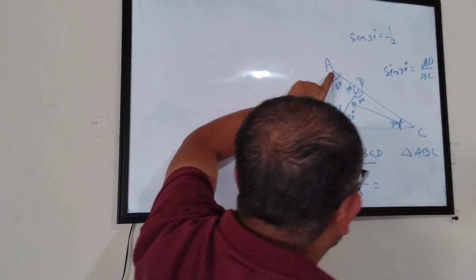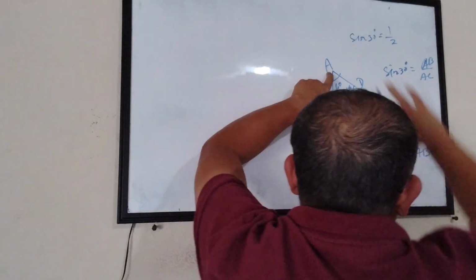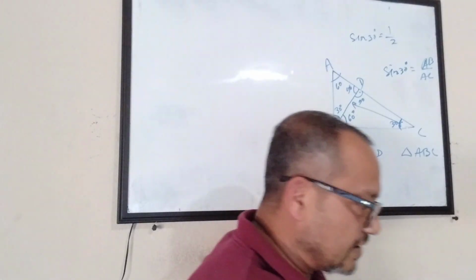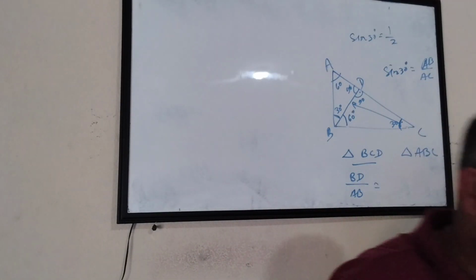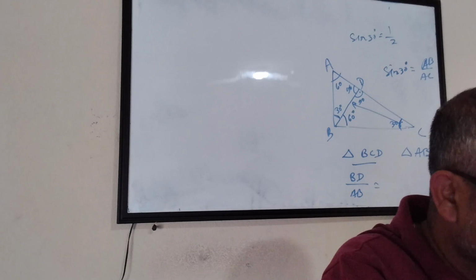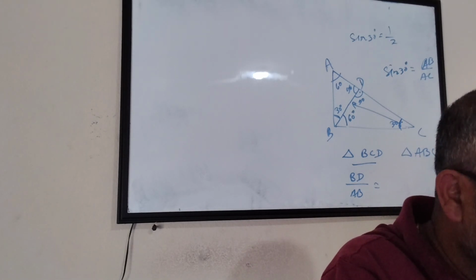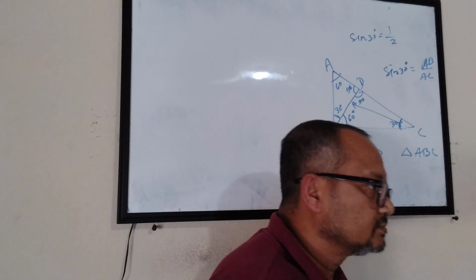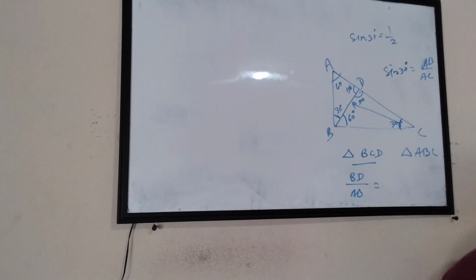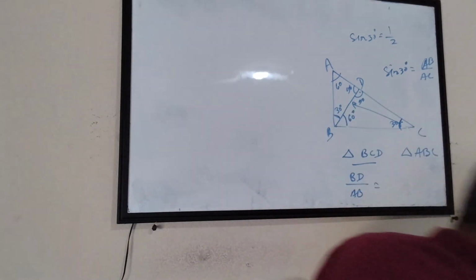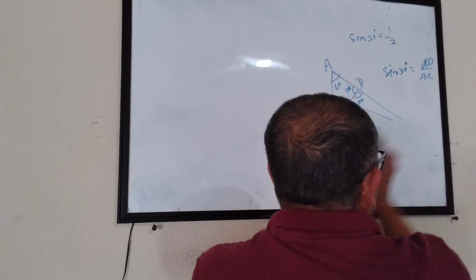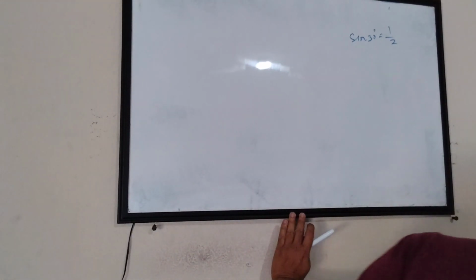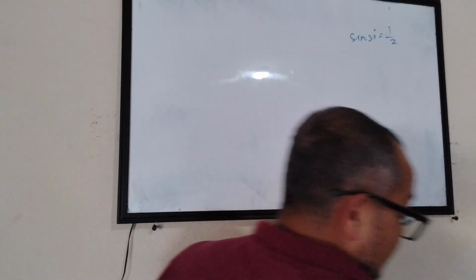I'm trying to find out how much this side by this side is, and how I can find it out. So okay, we'll come back to this one. We'll try proving this one in a simpler way. I'm just failing to recall how this is done.